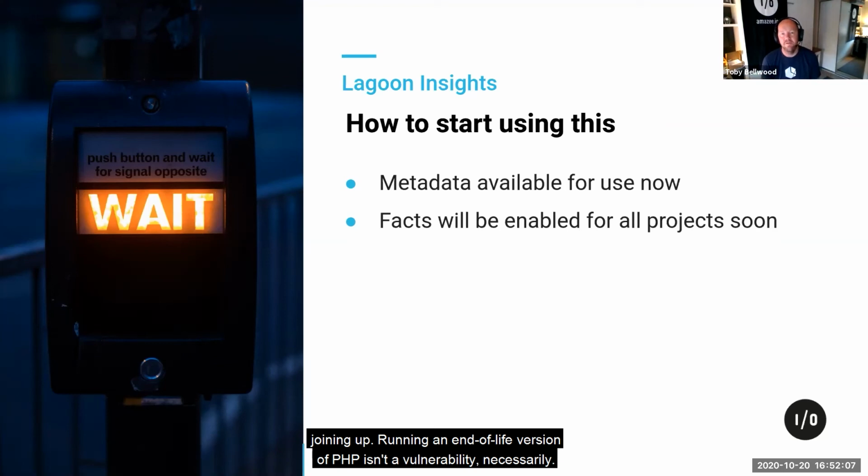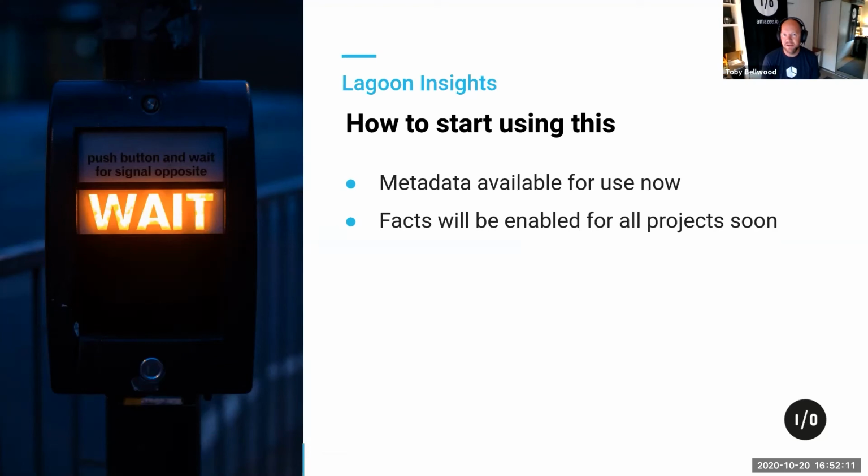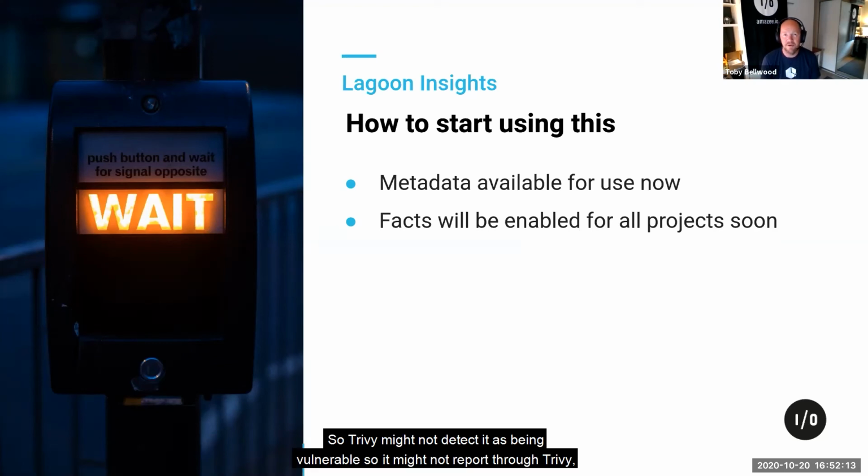Running an end of life version of PHP isn't necessarily a vulnerability, so Trivy might not detect it as being vulnerable. It might not report through Trivy, but it should probably be logged, not as a high criticality problem, but as a problem that you're running an unsupported version of PHP.